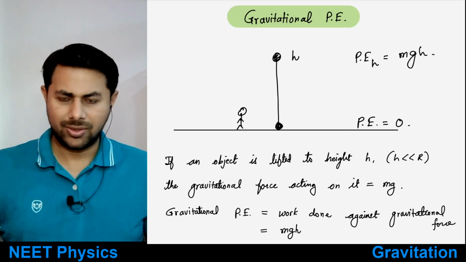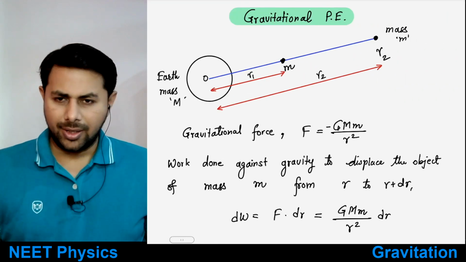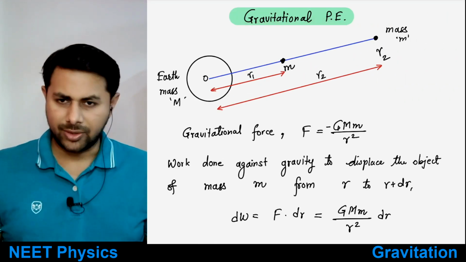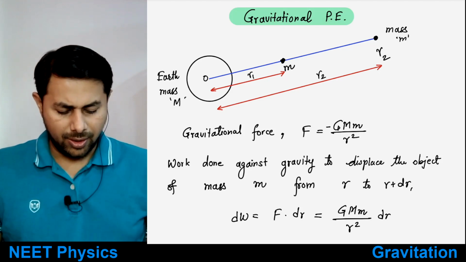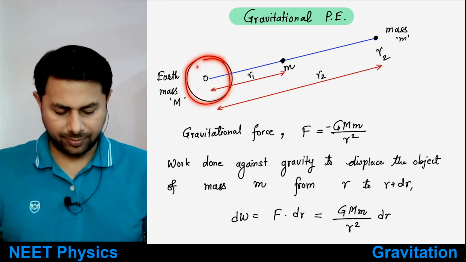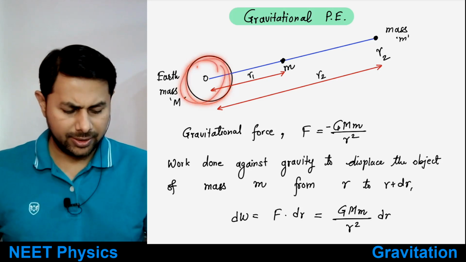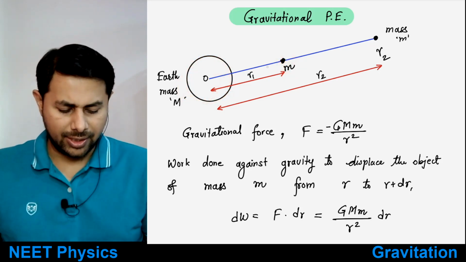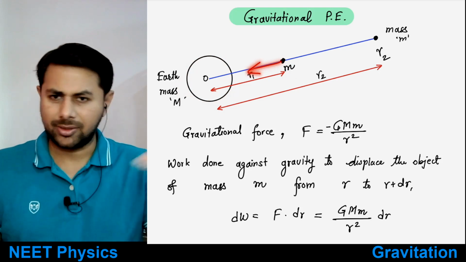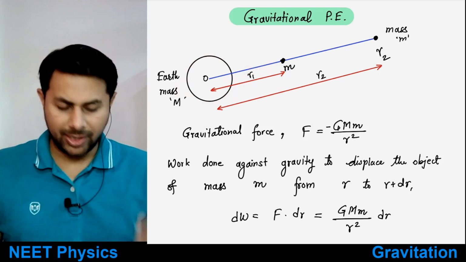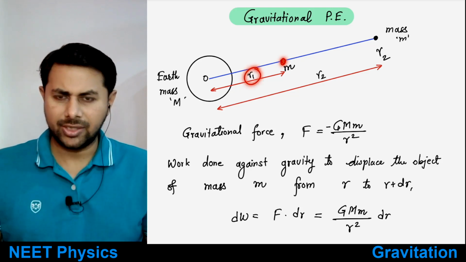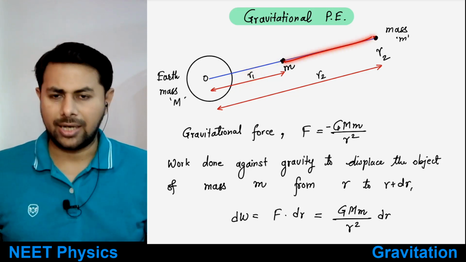Okay, so now we'll derive the formula for gravitational potential energy. Suppose this is earth, and you have this mass m, and the gravitational force is pulling this mass towards the center of earth. Now suppose we want to displace it from distance r1 to distance r2.